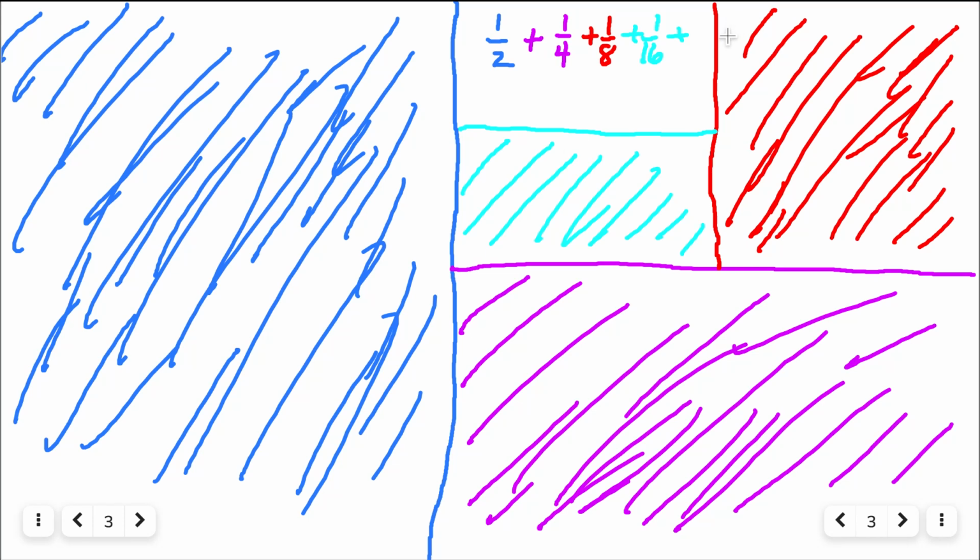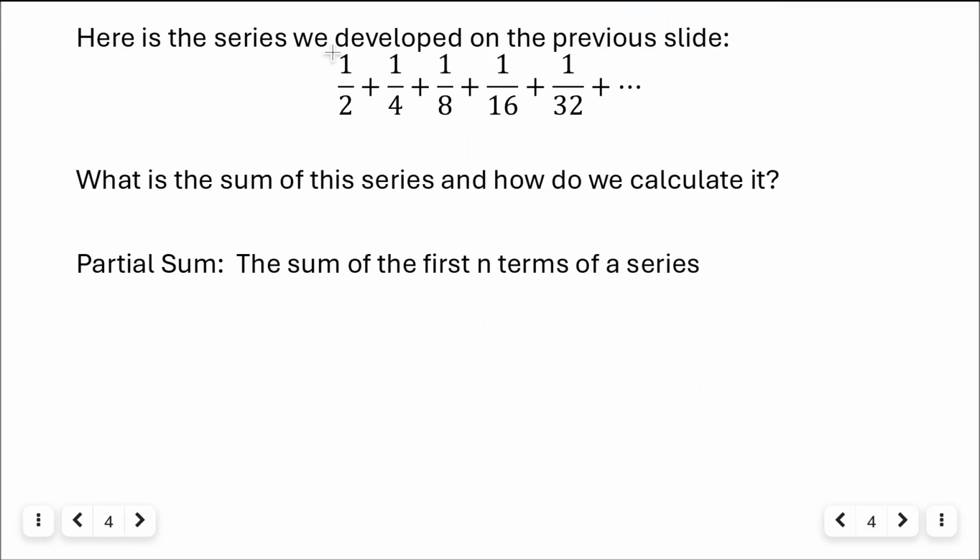But what I want you to understand is if I were to add this and do this forever, eventually, at some point in time, I would reach the point where I had this one slide that would be shaded in. So if we go to the next slide here real quick, this is the series that we developed on the previous slide.